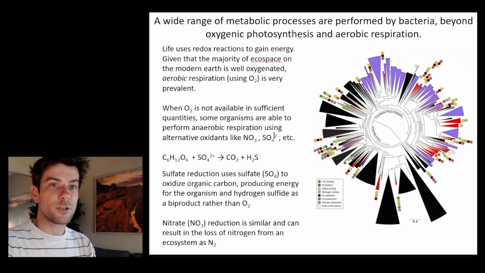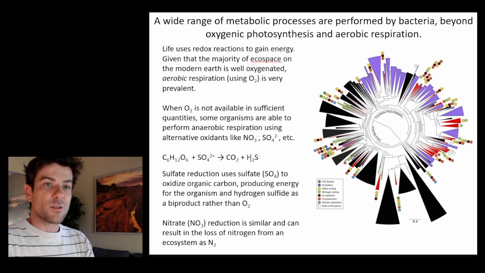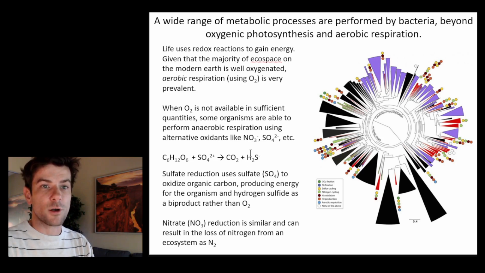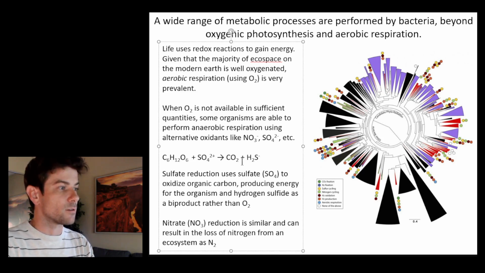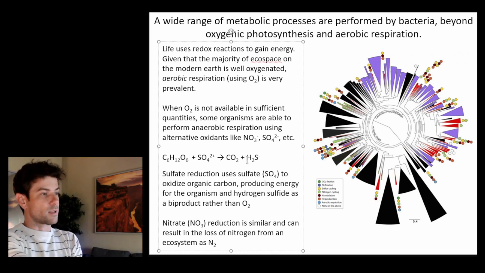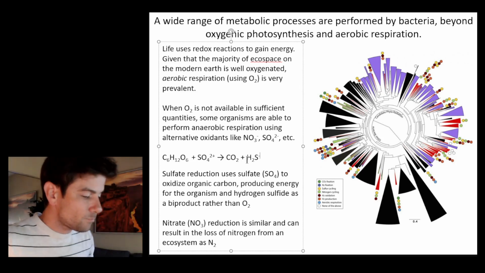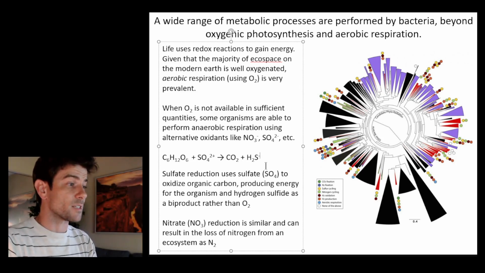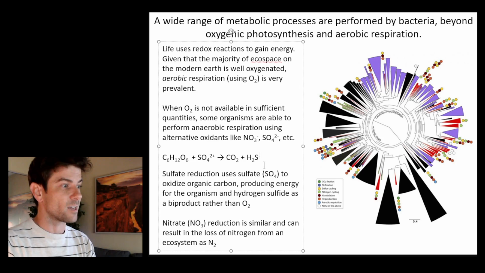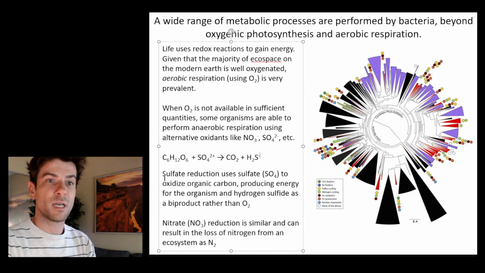You can use things like nitrate, NO3, or sulfate, SO4. And so this reaction here is sulfate reduction. And through the reduction of sulfate, rather than water, H2O, you end up with hydrogen sulfide, H2S, which is the rotten egg smell. That's the chemical that gives rotten eggs their smell, right? And that occurs because there's not oxygen inside of that egg, inside the eggshell. Okay, so that's sort of captured here.